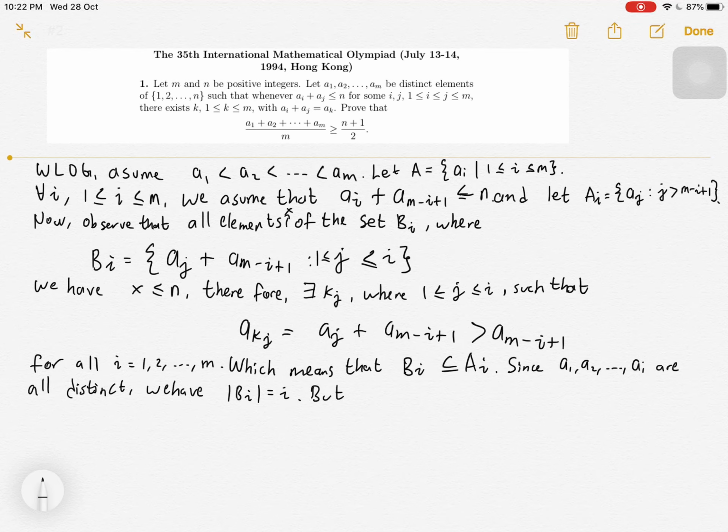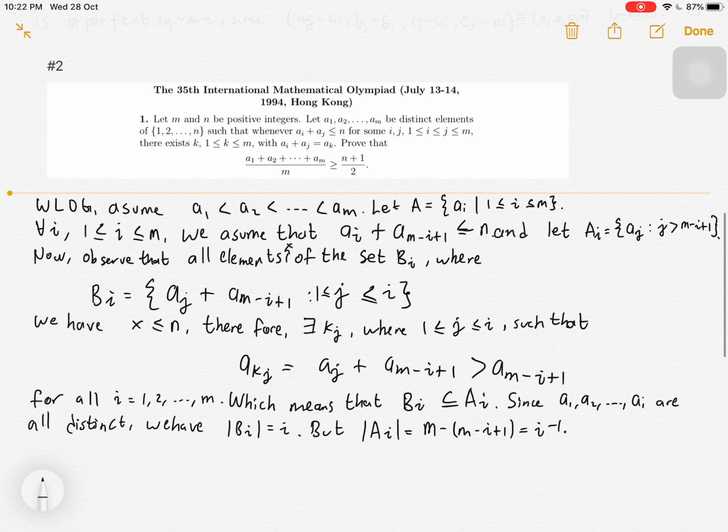But the cardinality of A_i is equal to m minus (m-i+1), which is equal to i minus 1. So it is impossible for B_i to be a subset of A_i.